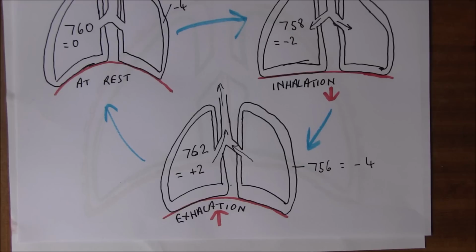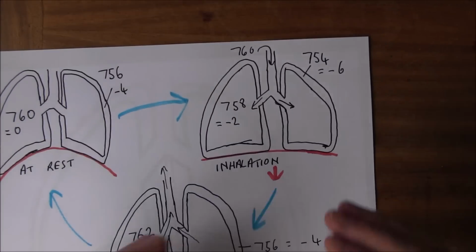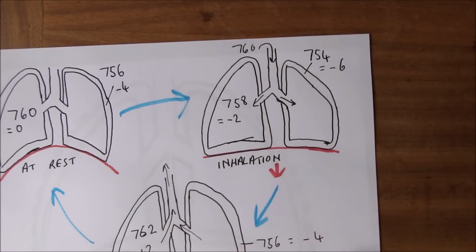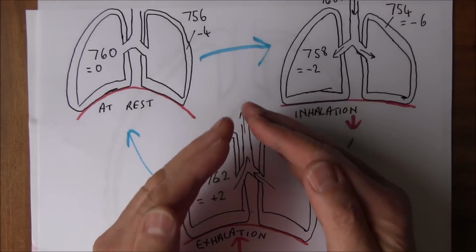But the main accessory muscles of expiration are the internal intercostal muscles, which pull the ribs down and in. So the external intercostal muscles pull the ribs up and out, but the internal intercostal muscles pull the ribs down and in.